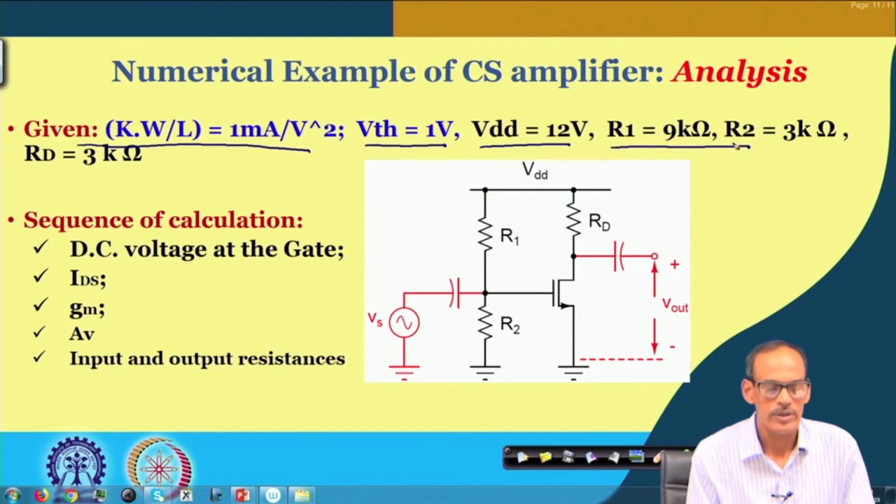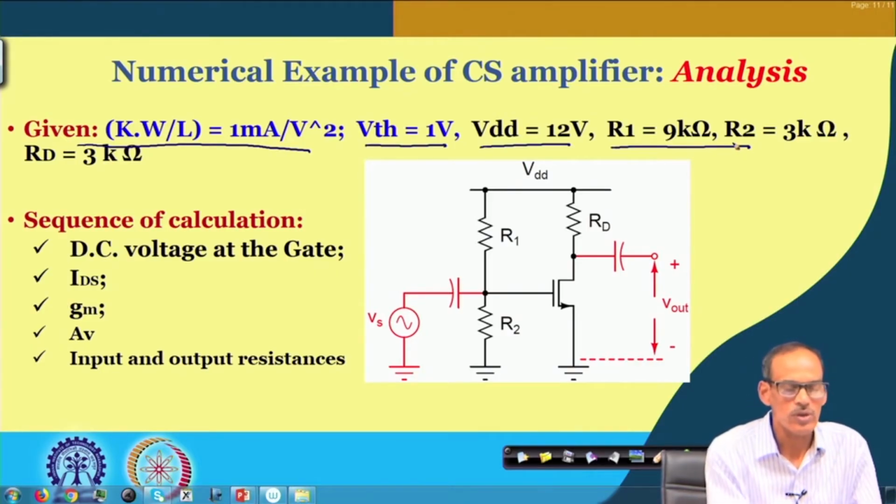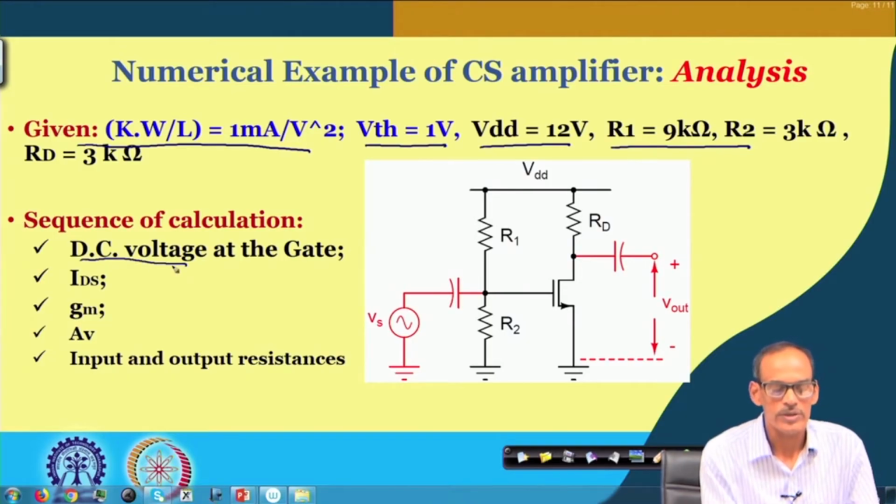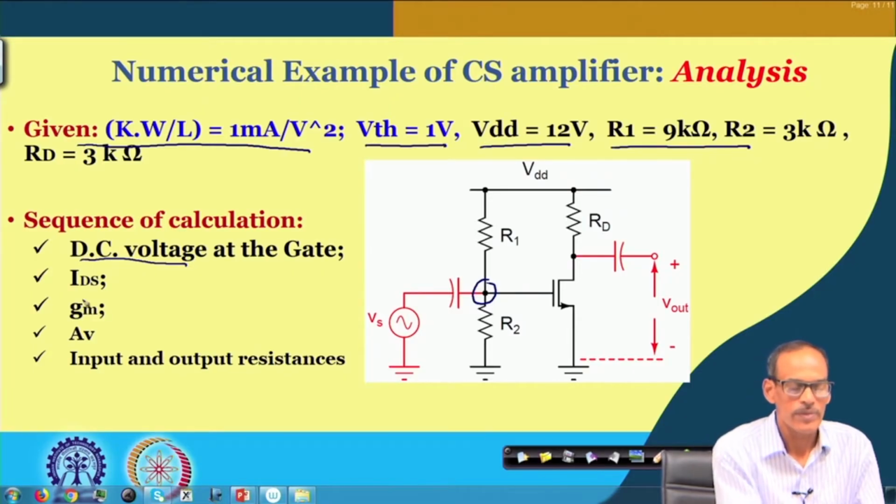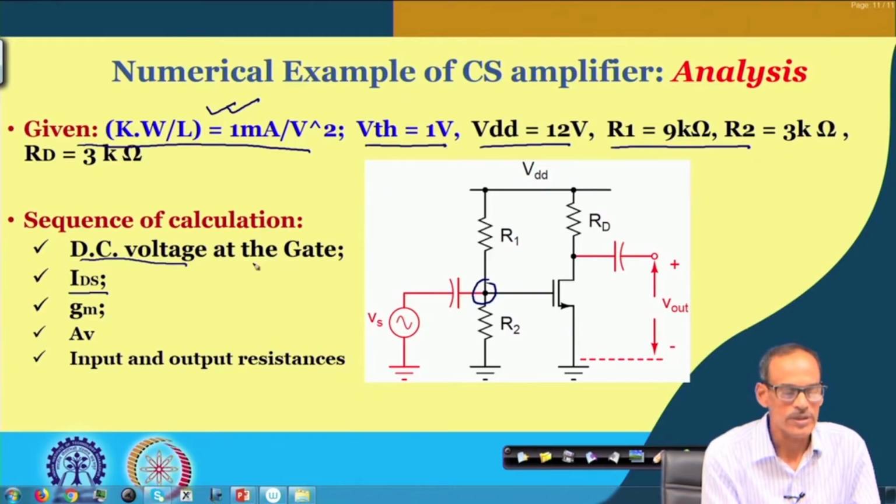We have also seen the sequence of those calculations. We started with the DC operating point, namely the DC voltage at the gate node, followed by calculating the IDS, which is a function of the parameters and the gate to source voltage minus VTH.